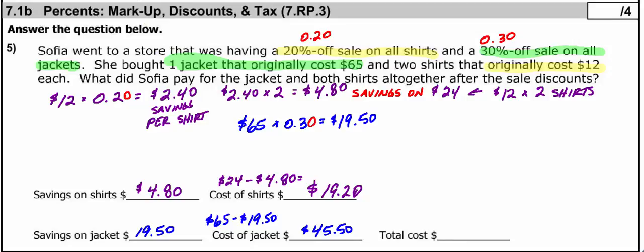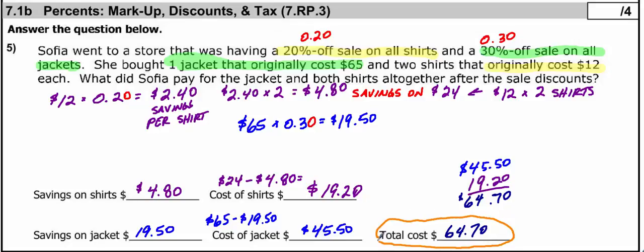Now to figure out her total cost, we've got the $45.50 that she spent on the jacket. We have the $19.20 that she spent on the shirts. And so all together, we have $64.70 is the total amount that Sophia paid to get the 2 shirts and the 1 jacket.